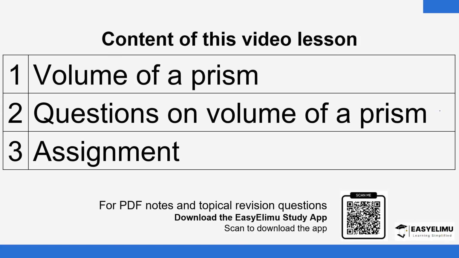We have a few questions here to help us with illustrations on how you can find the volume of a prism. We also have some assignments at the end of the lesson to help you practice and check your understanding of the concept as discussed during this lesson.